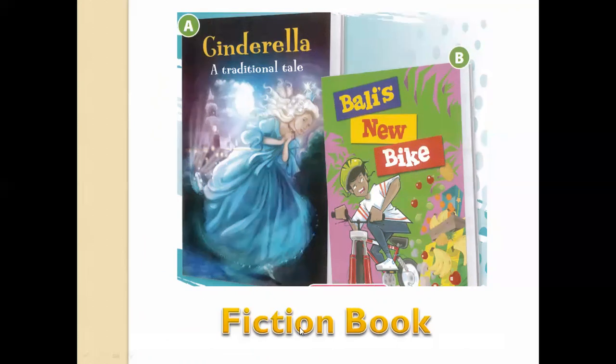It is a fiction book. What is the meaning of fiction book? A book which tells us a story. Bali's New Bike is also a fiction book. Fiction book means it is a story book.